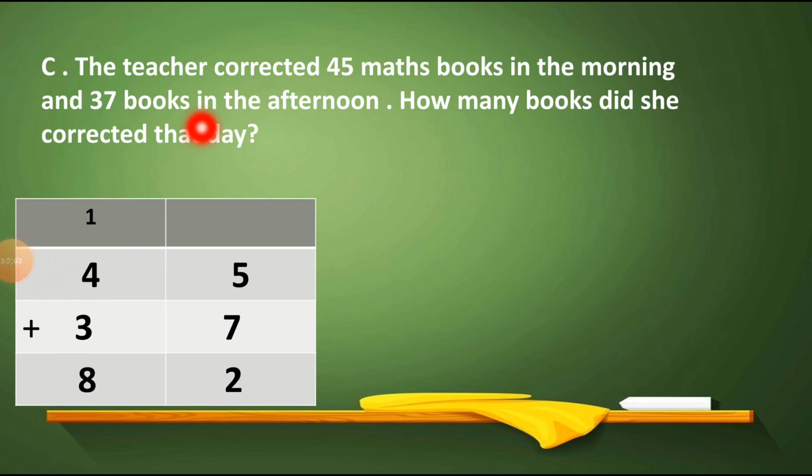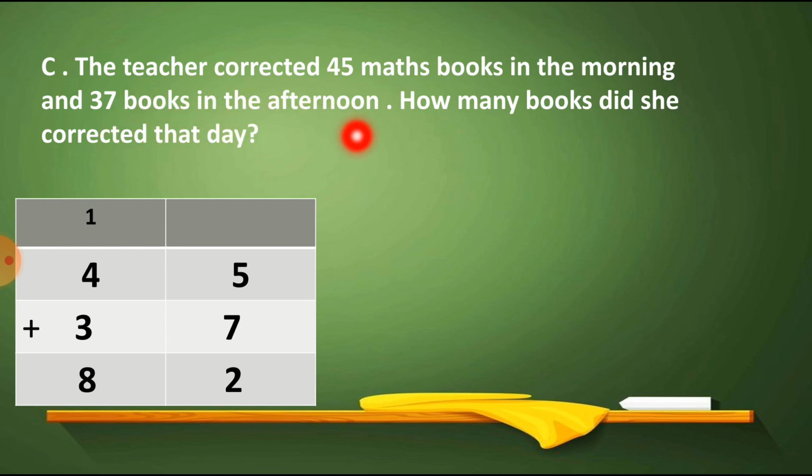Let's read this. As the steps, we have to read the sentence first from the sum. So here, number C, the teacher corrected 45 maths books in the morning. And 37 books in the afternoon.